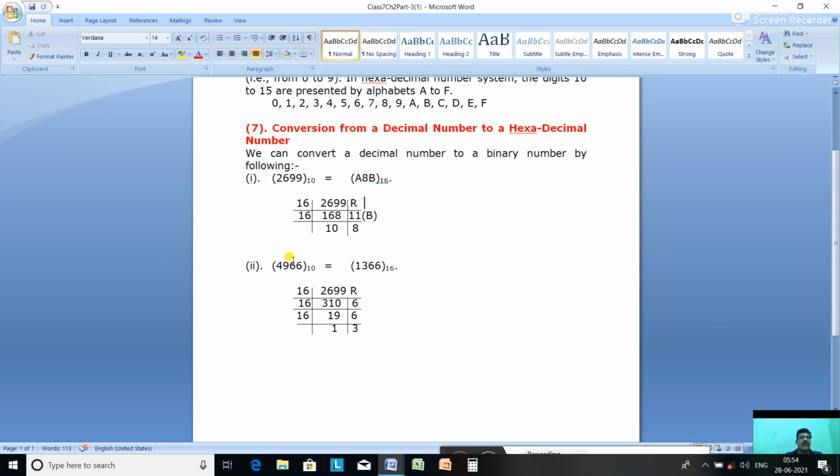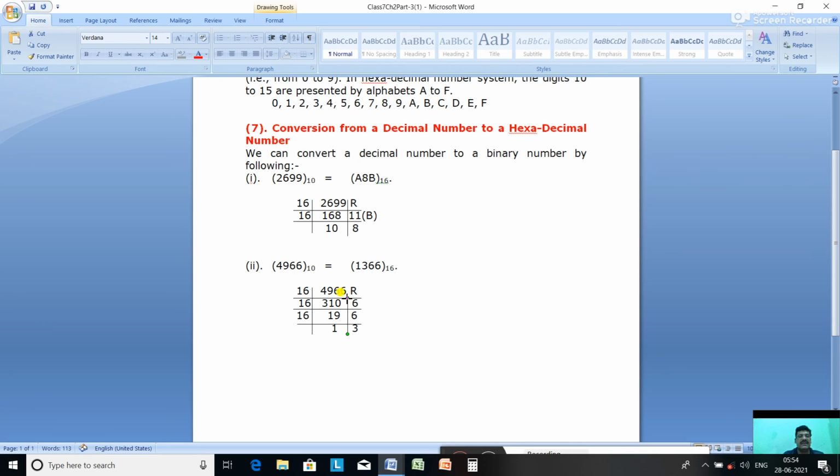One more example. 4966 is a decimal number. We want to convert it into hexadecimal. So write here 4966. Okay. Now divide it by 16.